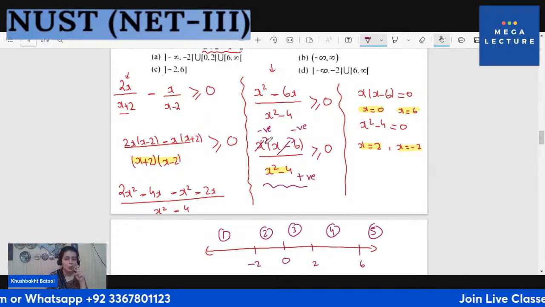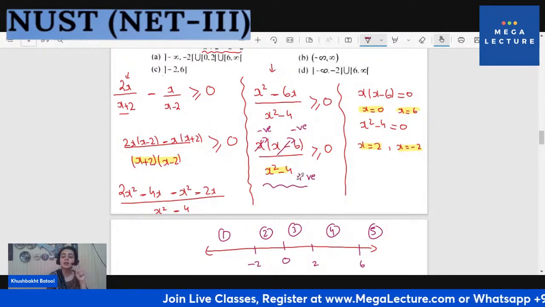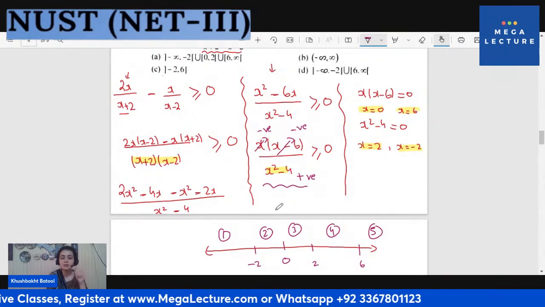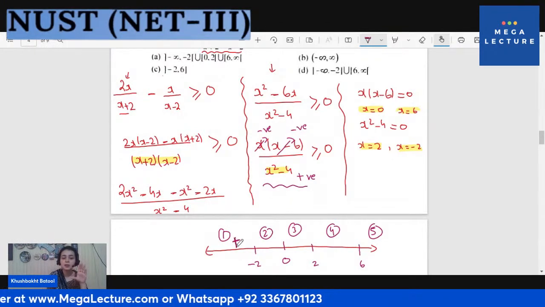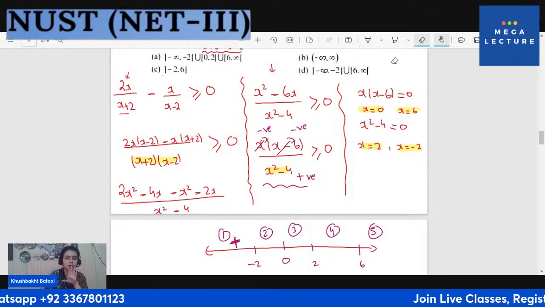Now, when negative and negative is being multiplied, that would give you positive. Okay, so positive and positive would be positive, and this is good. This would give you positive. Things would make sense with time, do not worry.